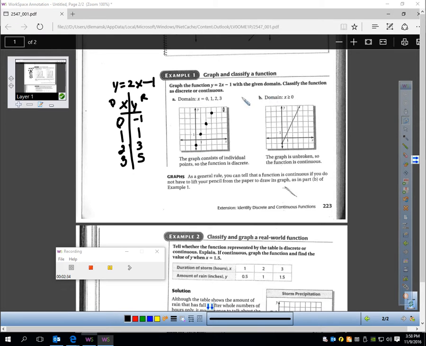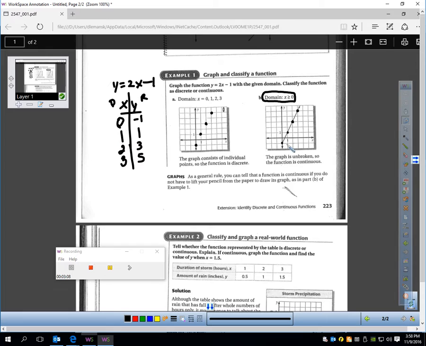Now, if I did the same problem with this domain, this says I can use any number greater than or equal to 0. So, you know, all these points would still apply. I could still plug in 0 and get negative 1 and plug in 1 and get 1, and 2, 3, and 3, 5. So let me plot those again. But here's the difference. Not only are these points valid, I could have also plotted a half or 0.1.